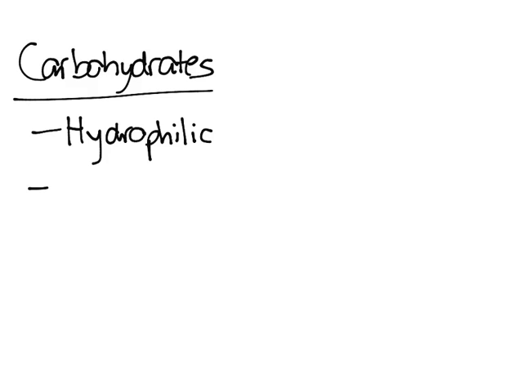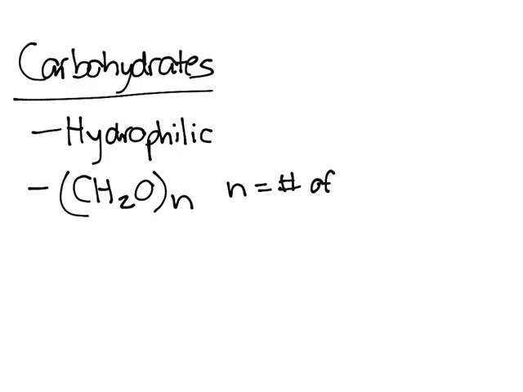They have a general formula of CH2On, where n is equal to the number of carbon atoms in a molecule. And so carbs are made of monosaccharides. Monosaccharides essentially are the Lego blocks to build up carbohydrates.